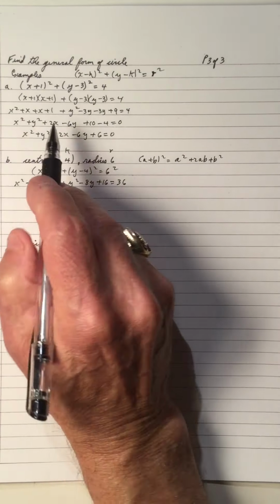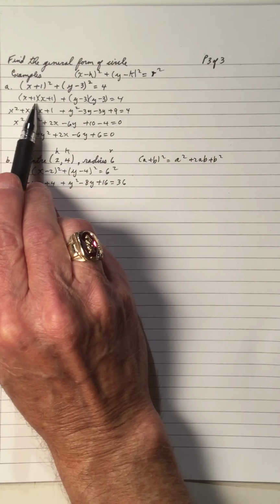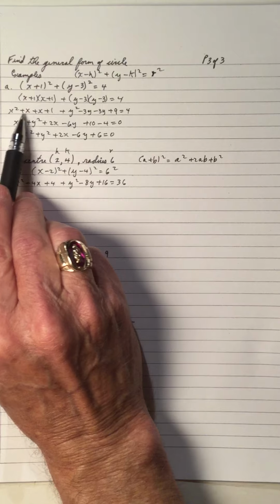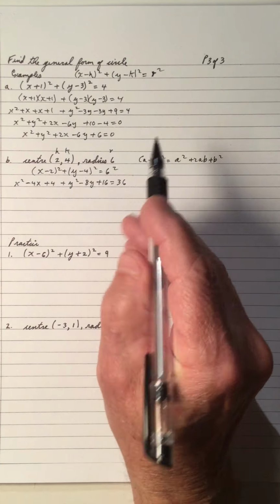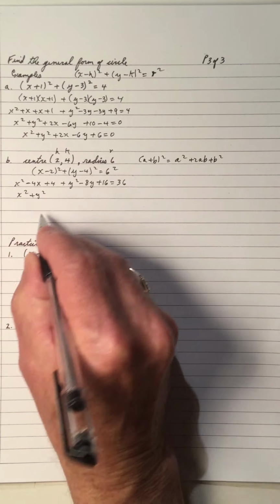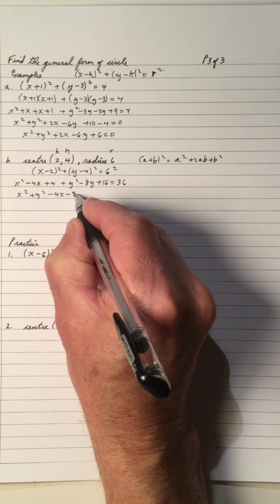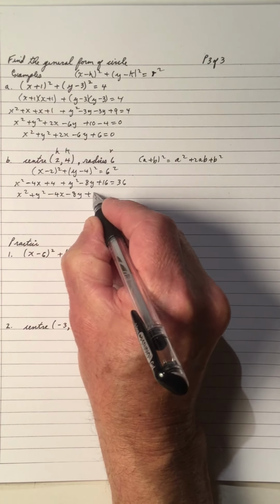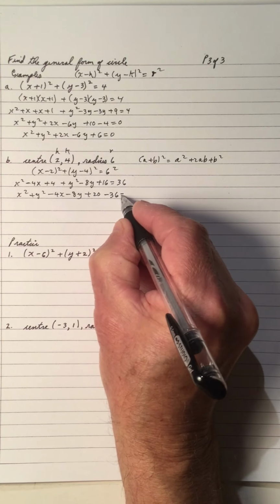So that's the faster way. I could again go x minus 2 times x minus 2 and do the FOIL like up here. But right here I did use the shortcut of squaring a binomial. And we group the x squared, then the y squared, then the x, and then the y, plus 20 and minus 36.